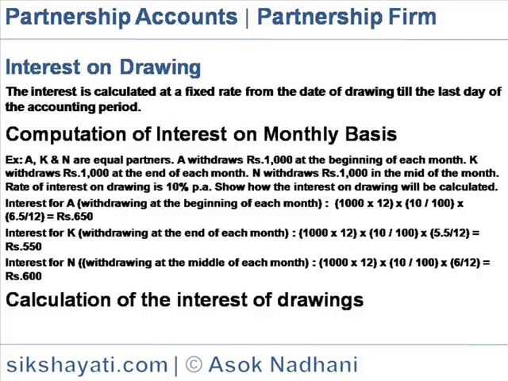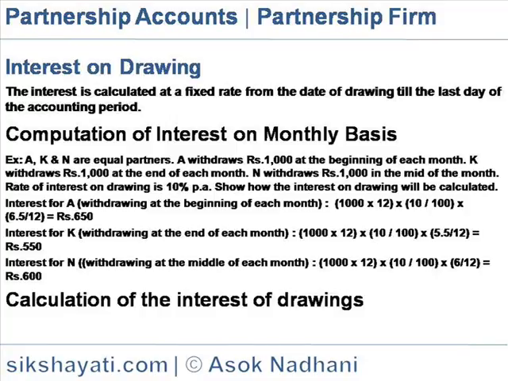Calculation of interest on drawing. A withdraws at the beginning of the month. So for the first month he will pay interest for 12 months on his withdrawal amount, that is for rupees 1000. Similarly, for the second month he will pay interest for 11 months.